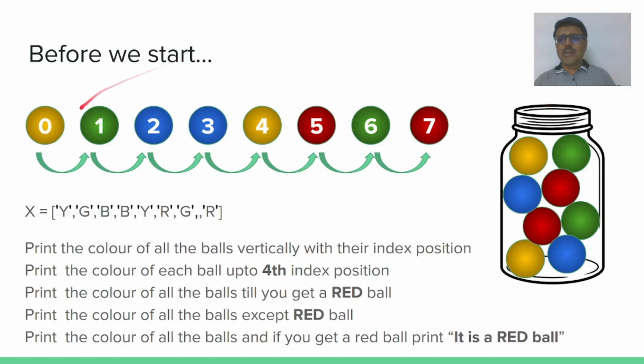Assume that I take the first ball as yellow, the second ball is green, the third ball is blue, the fourth ball is again blue, the fifth ball is yellow, and then my sixth ball happens to be red. Is it clear? So now I'm stopping here.